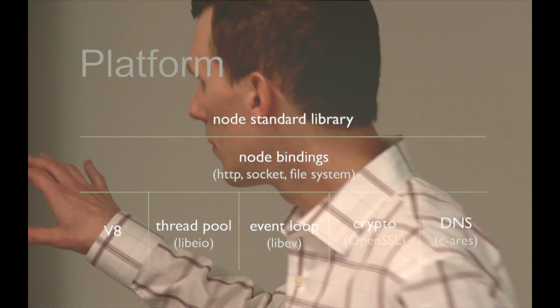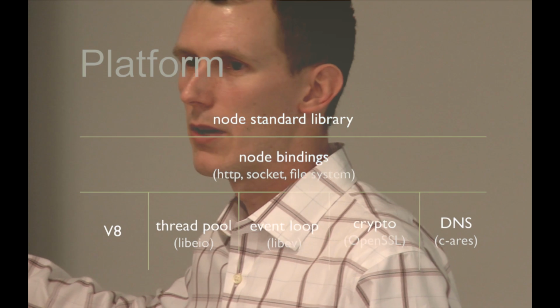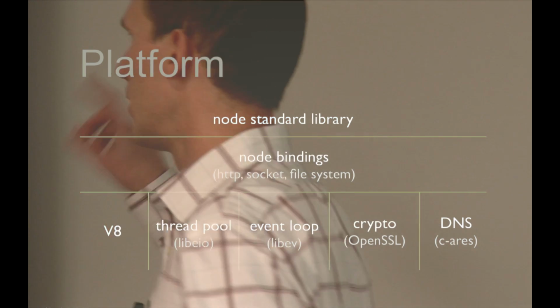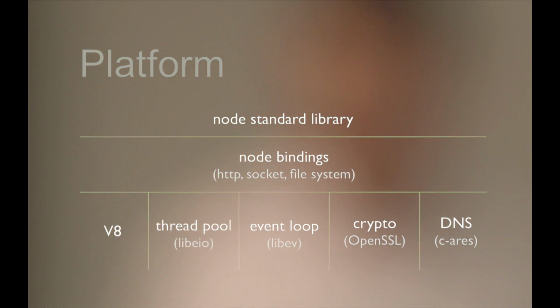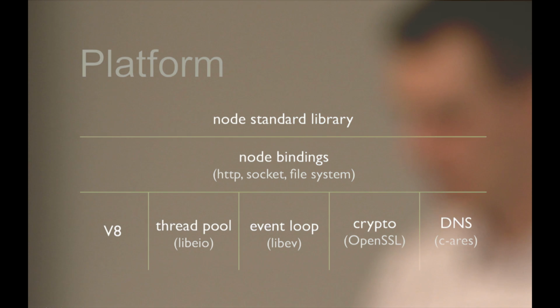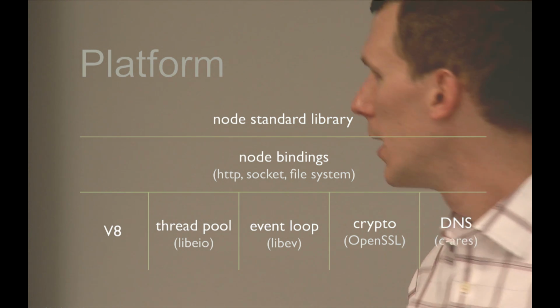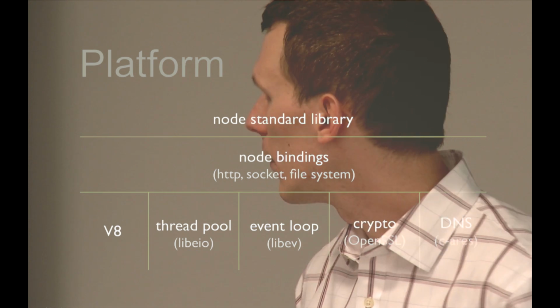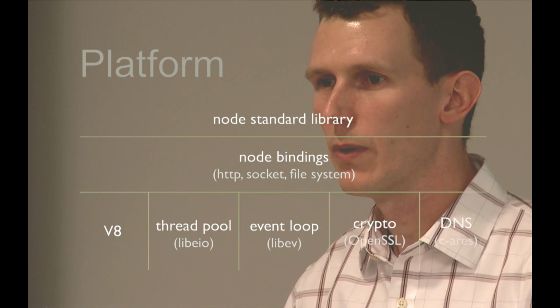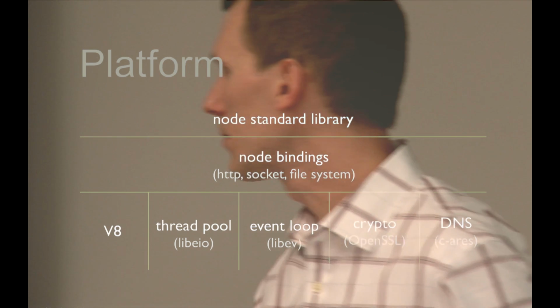And then at the very bottom are the dependencies that Node has that aren't written by Node, but that Node leverages. The first one is V8, Google's JavaScript engine. You've probably heard about that. It's arguably the fastest JavaScript engine. That's what Node uses to execute all of its JavaScript. And I haven't mentioned that because everybody said they knew what Node was, but everything is written in JavaScript.